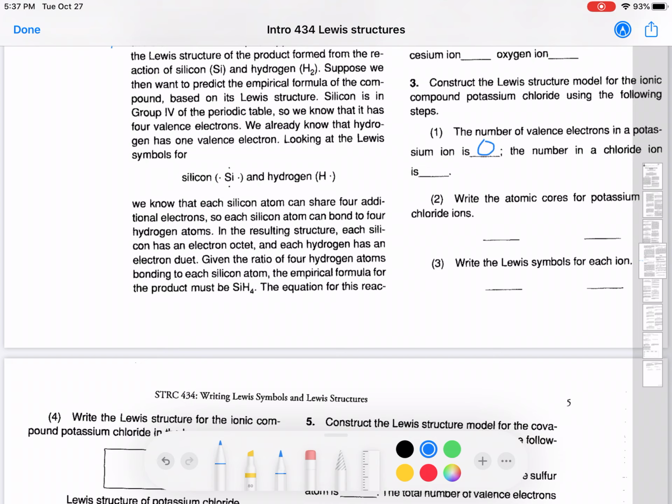The number in a chloride ion: chlorine is 7, and by taking 1 electron, now it has 8.